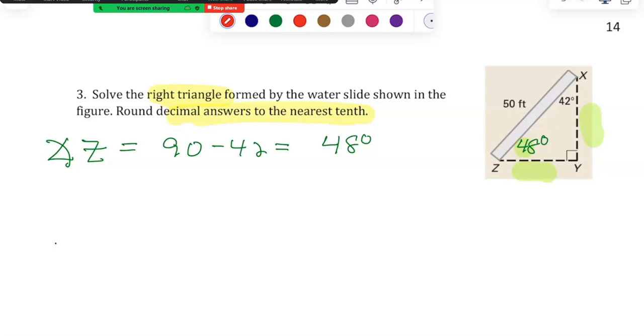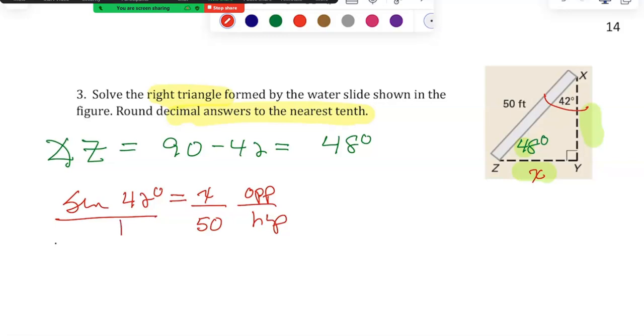Now, I'm going to use this angle. I want to say the sine of 42 degrees equals little x over the hypotenuse, because sine is opposite over hypotenuse.